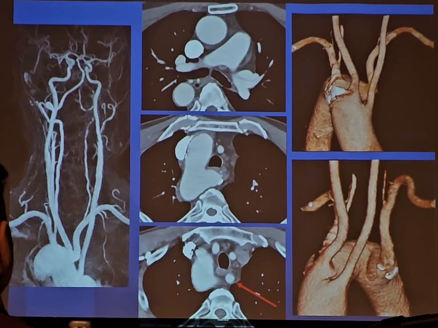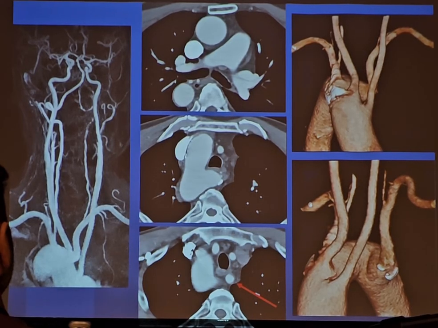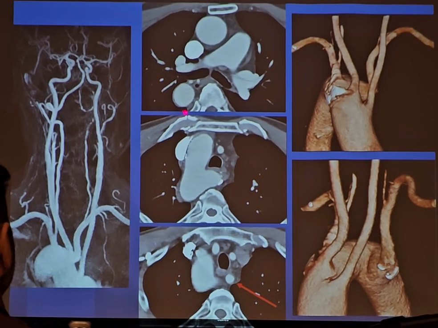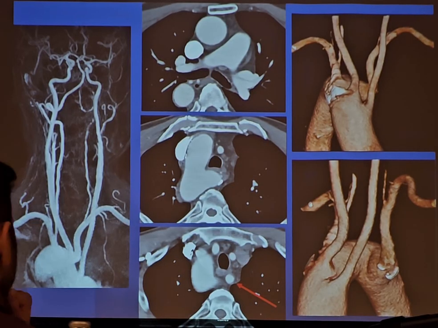What do we have? Aortic arch is supposed to be, descending aorta is supposed to be on the left side. But here the descending aorta is on the right side.